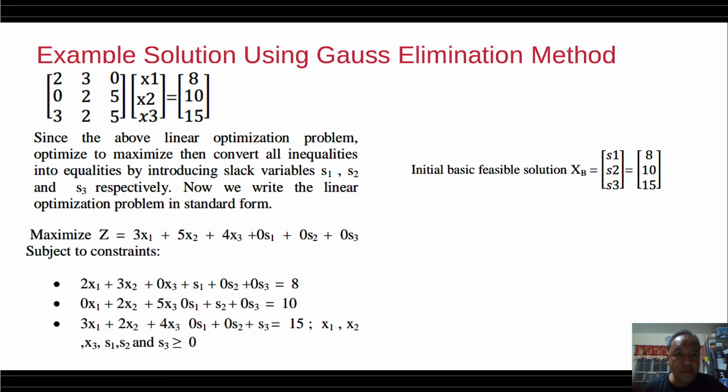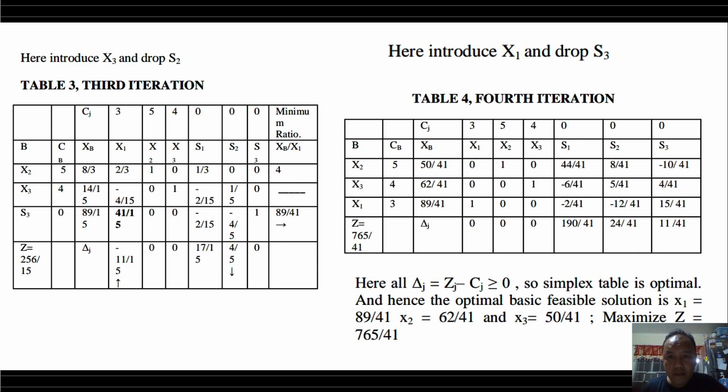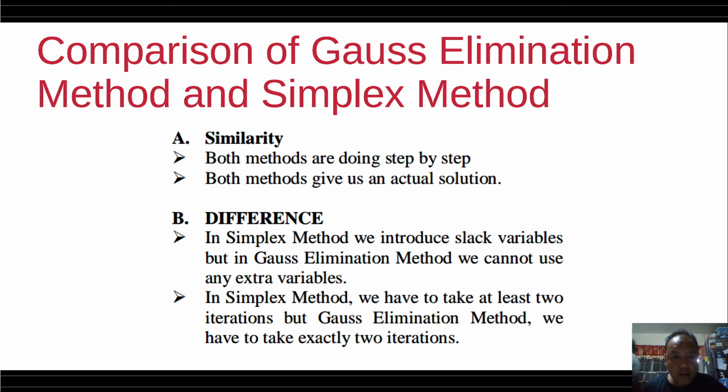So, yun yung napansin natin kanina, iteration. We have this first iteration, and then on the second iteration, we already have these sets of solution. Well, that is assuming row 2, column 1, we already have 0 there. But in Gauss elimination, we have to take exactly 2 iterations.